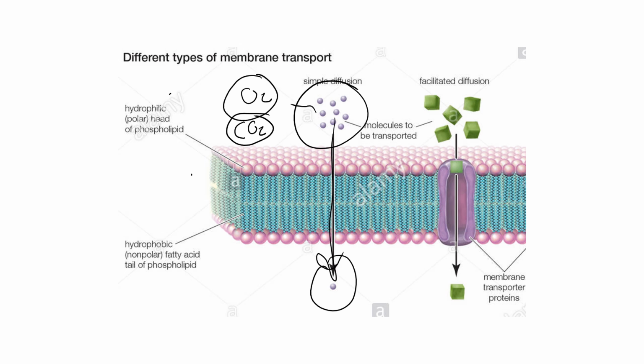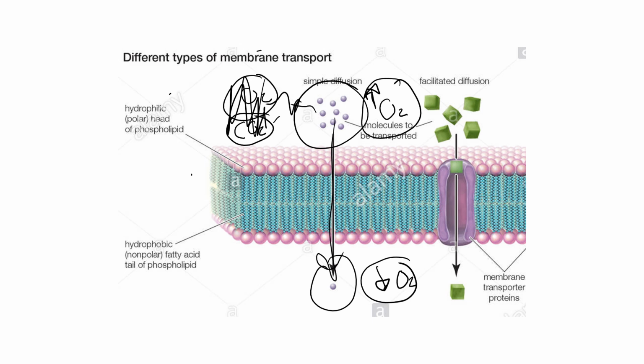Let's just pick oxygen. Typically what we see with oxygen is that it's going to be high outside of the cell and lower inside of the cell. So there's a high concentration in what's called the extracellular or interstitial fluid, and a low concentration of oxygen in the cytosol or the intracellular fluid, right? So there's a diffusion gradient.